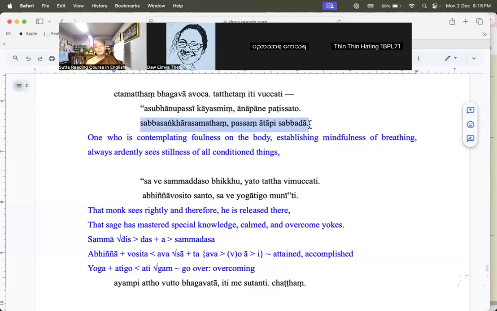Maybe that is the final stage. That is the final stage, the stillness of the sankhara dhamma. The sankhara dhamma can no longer be conditioned to be born for the next life, because those conditioned things are controlled by avijja and tanha, so they would continue into the next life.